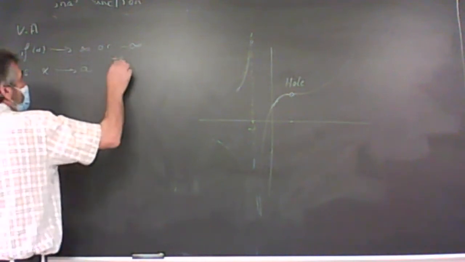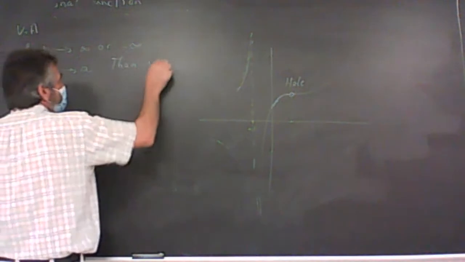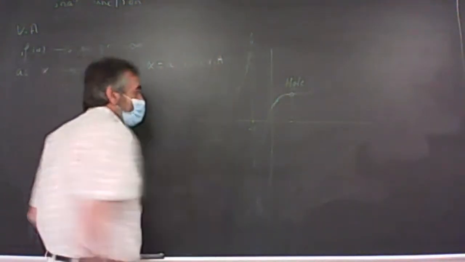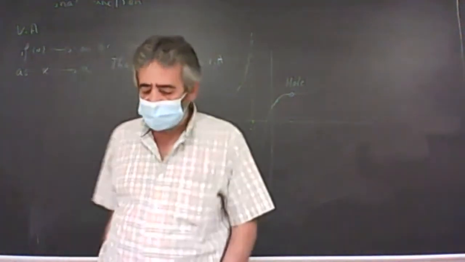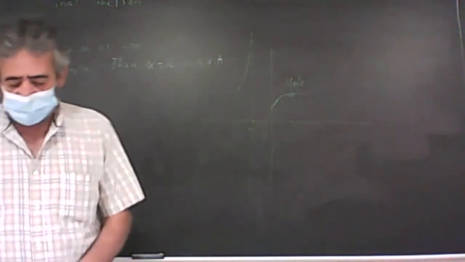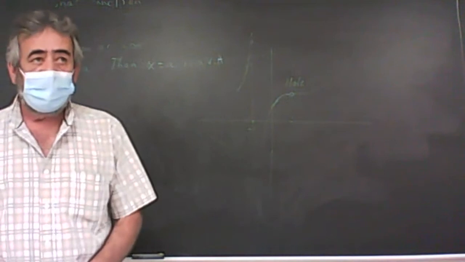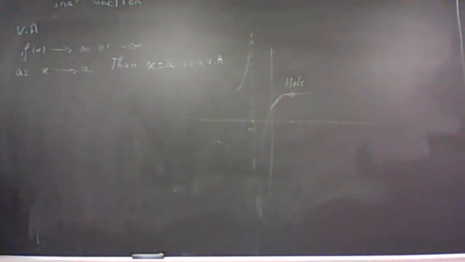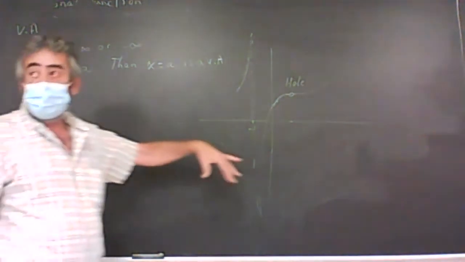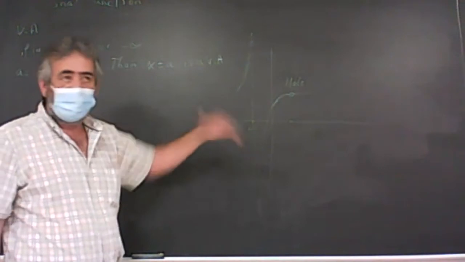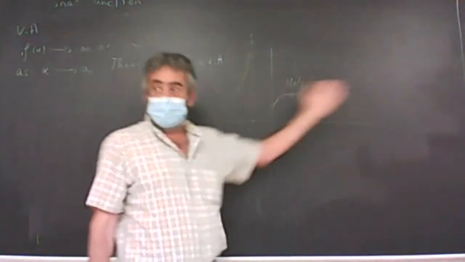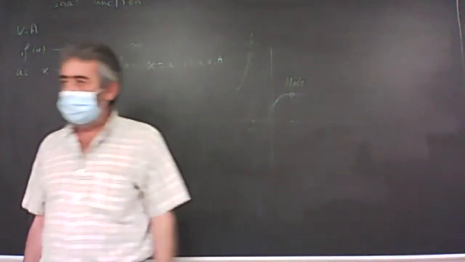Then we say x equals a is a vertical asymptote. A horizontal asymptote is exactly the same, except the opposite way: this one goes on y, the other one goes on x.